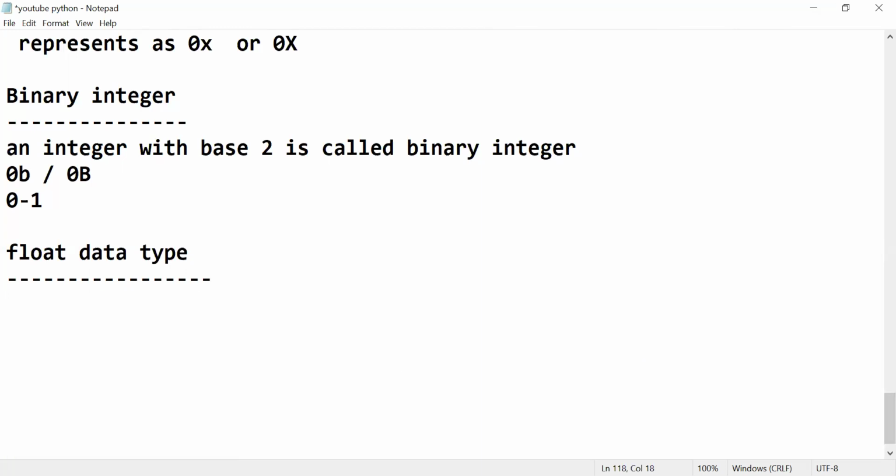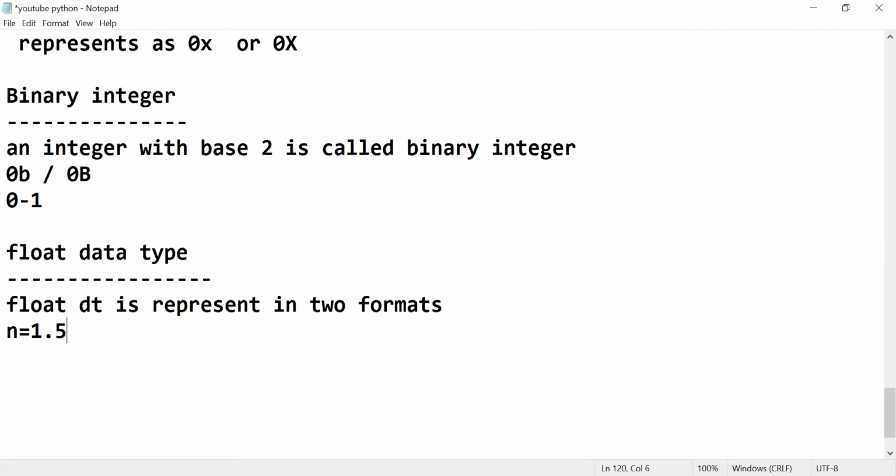Guys, in Python, the float data type can be represented in two formats. One is, suppose you take n equal to 1.5, this is a float value, because we are assigning the value 1.5 to the variable n.